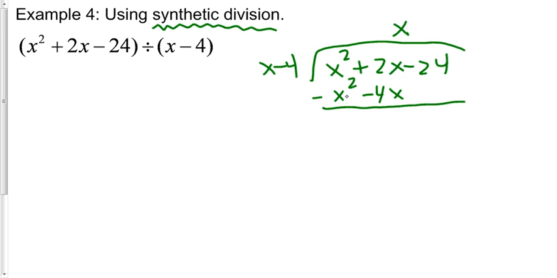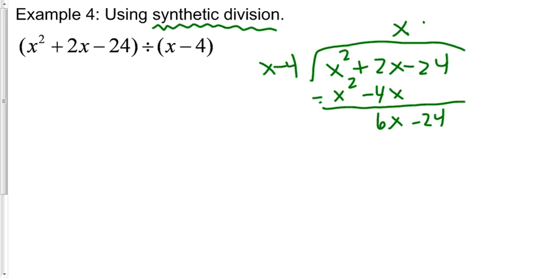This gives me 0, x squared minus x squared. 2x minus negative 4x, there's that double negative again, gives us positive 6x. And then we can drop down the next number, negative 24. Okay. Now you repeat the process. And once you finish subtracting, you can start over. 6x divided by x gives us 6. Positive 6.